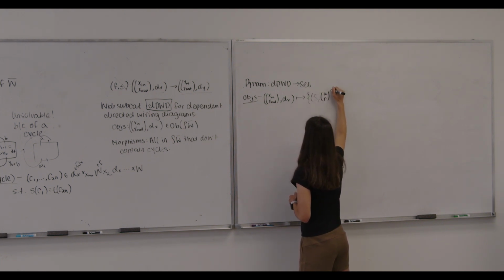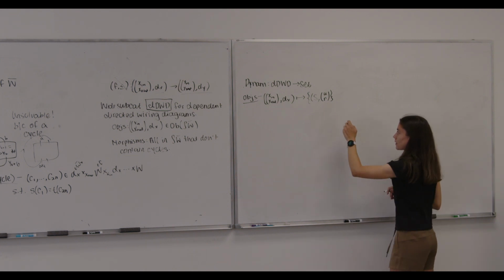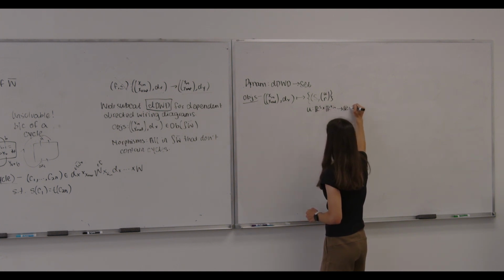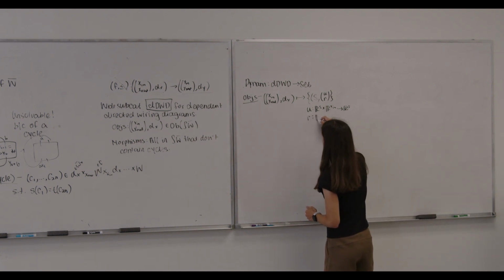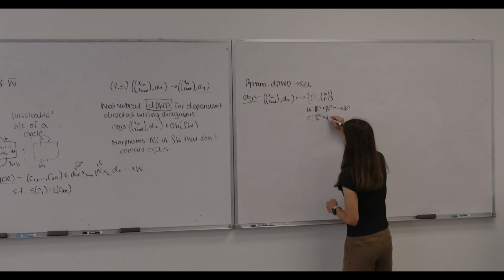Again, we have some U, R, but now we have a restriction on this R. So U again is going to go from R^S cross R^X_in to R^S. And then R is going to go now, instead of just R^S, it's going to go from R^S cross R^X_in to R^X_out.